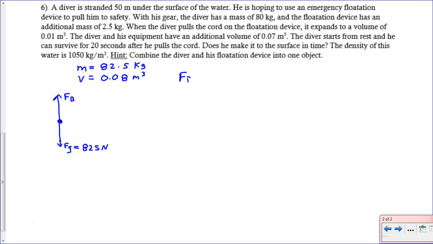We know Fb equals g times rho times the volume. In this case, that's equal to 10 times 1050 times the volume, 0.08. When you calculate that, you should get 840 newtons for the buoyant force.